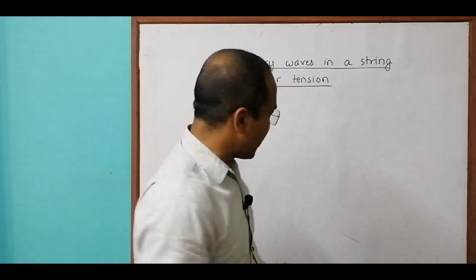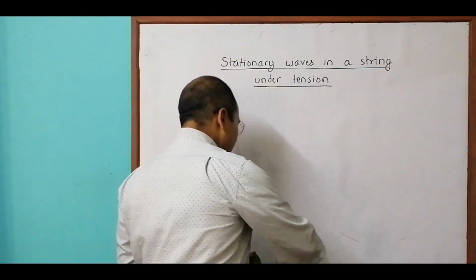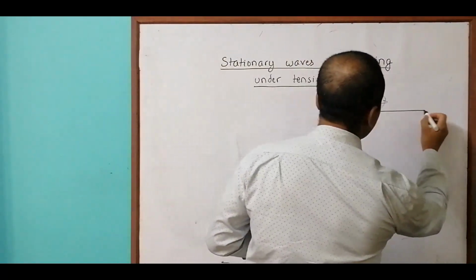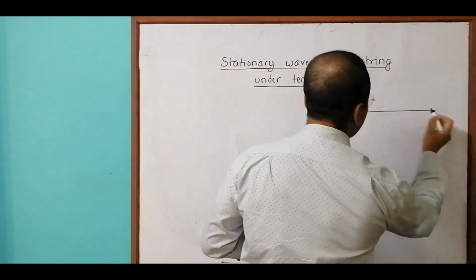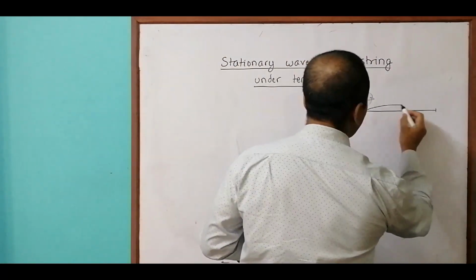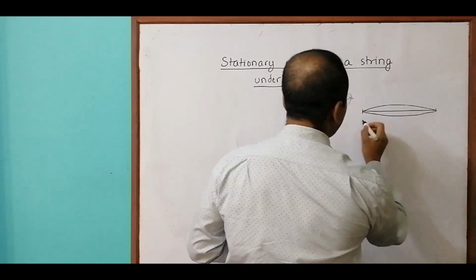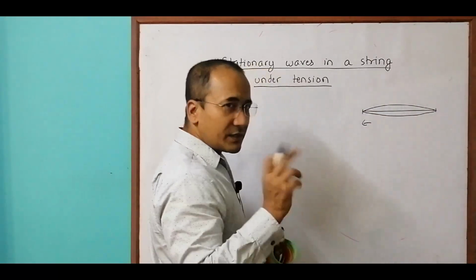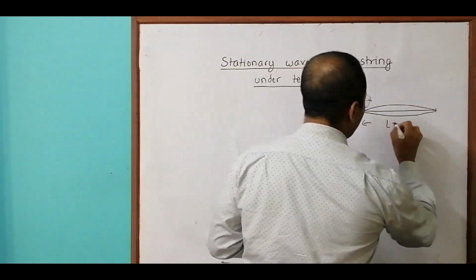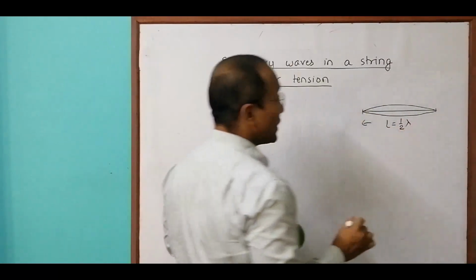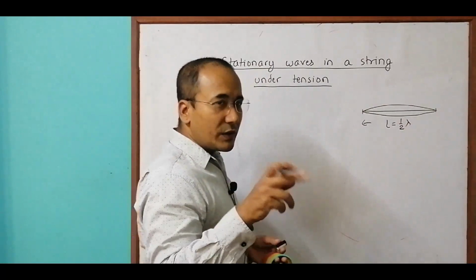So that means the mode of vibration at this time is somewhat of this type. If this is the string, these are the ends. At that time, the length of this thing accommodates half of the wavelength of the wave so formed.